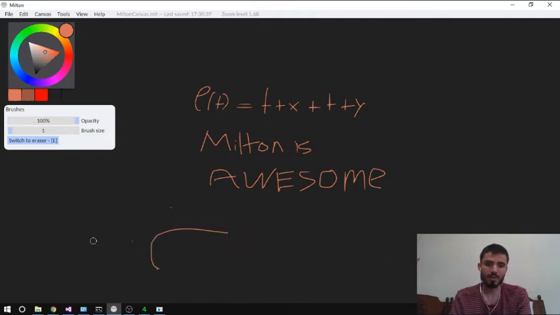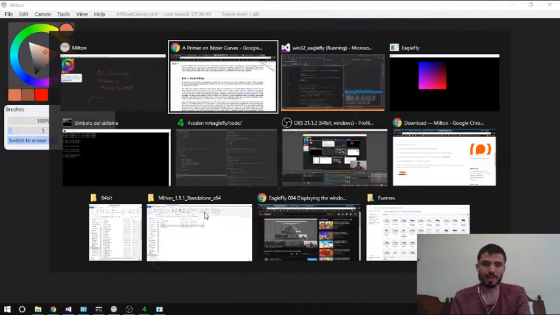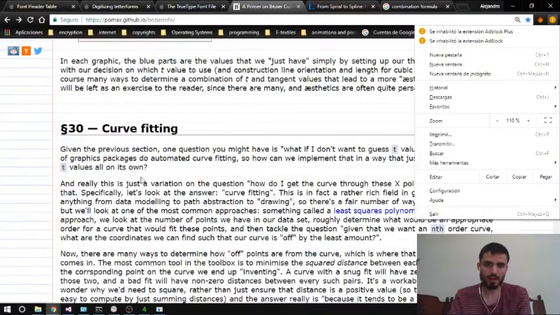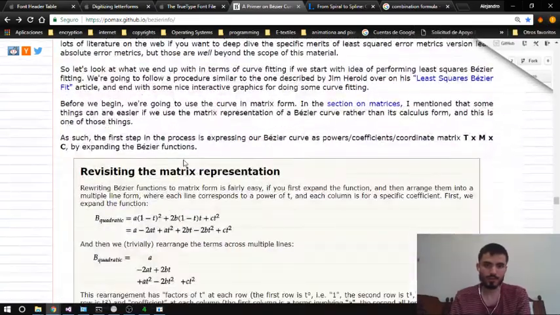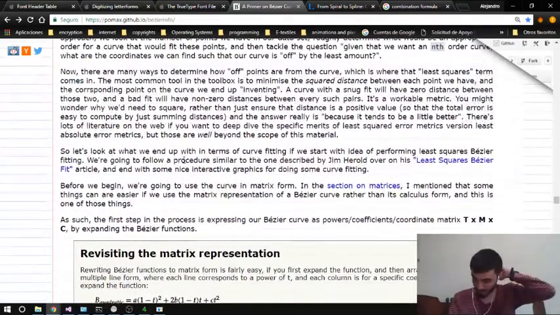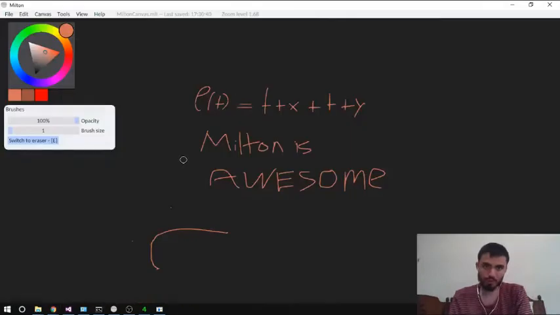And in this case, I guess that we do have some way of experimenting with those curves.